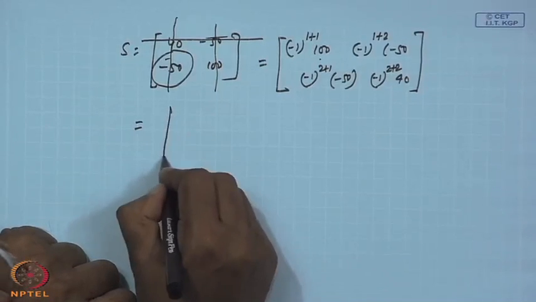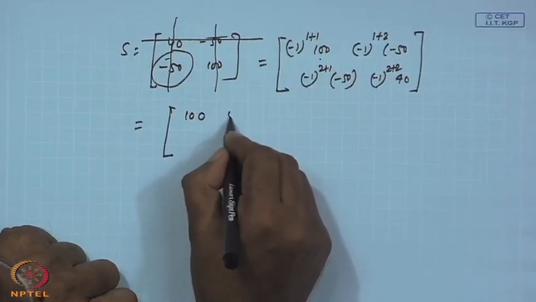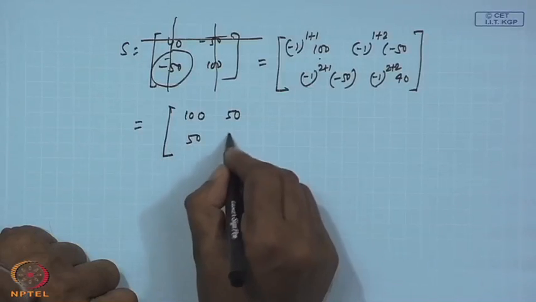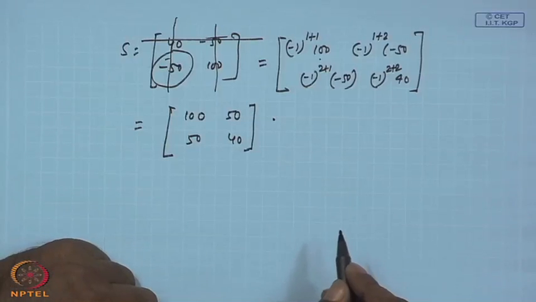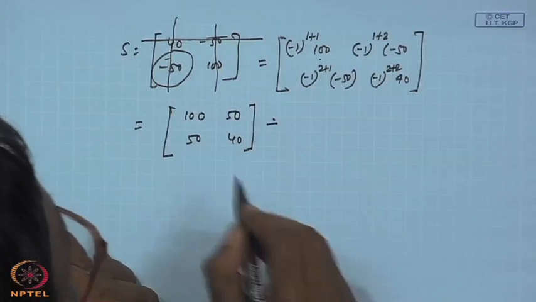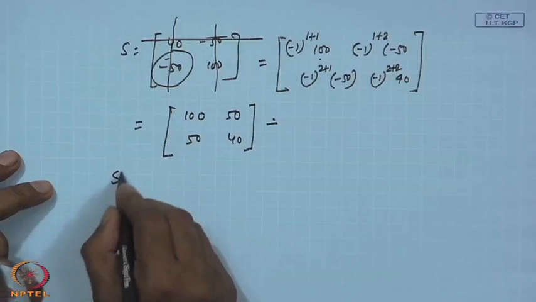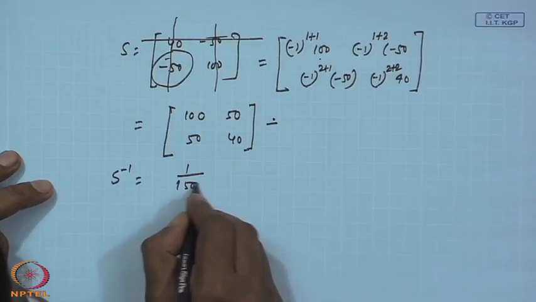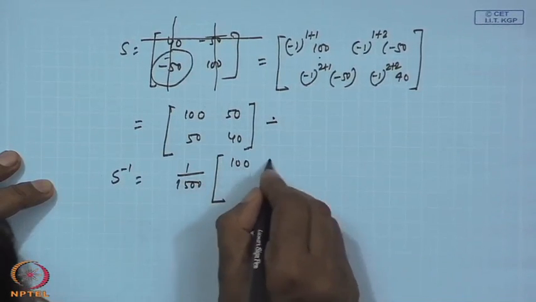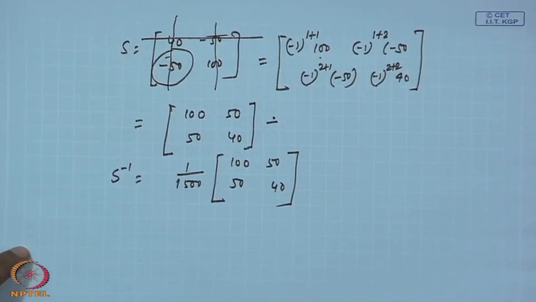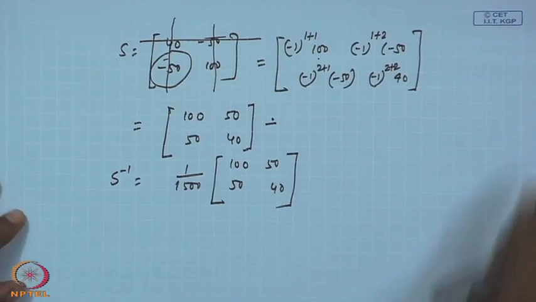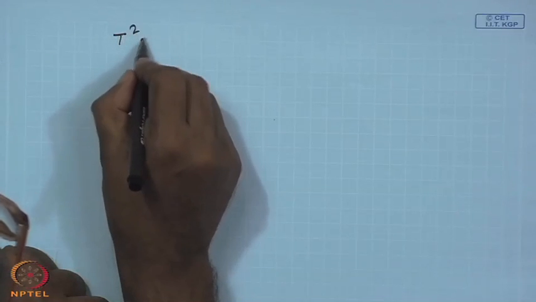The resultant quantity will be 100, 50, 50 and 40. Now, if you take the transpose, you will get the same thing, because it is a square symmetric matrix. So, S inverse will be 1 by 1500 into this. This will be your S inverse. Once you know S inverse, what do you require to compute now? You want to compute this one.